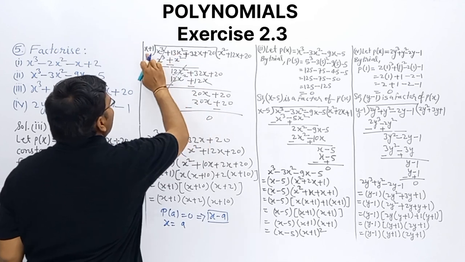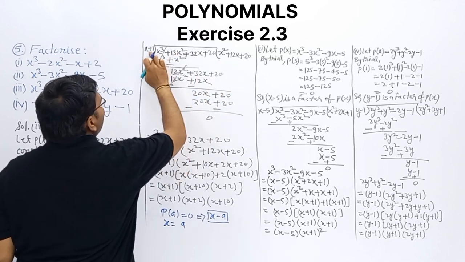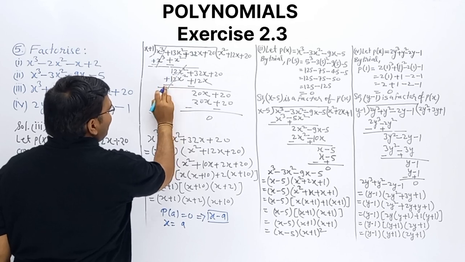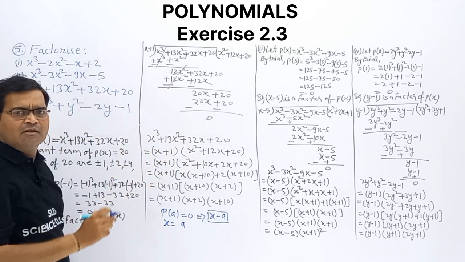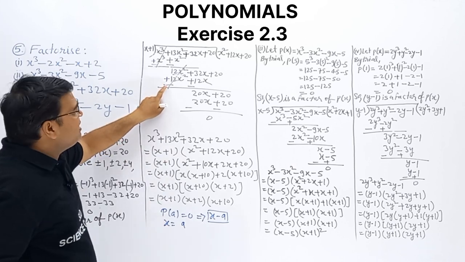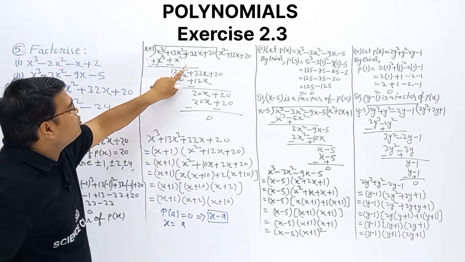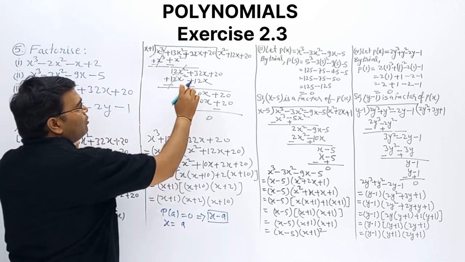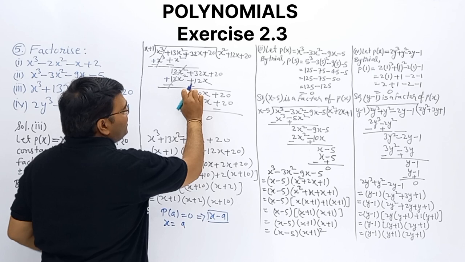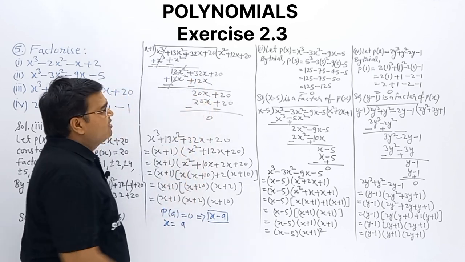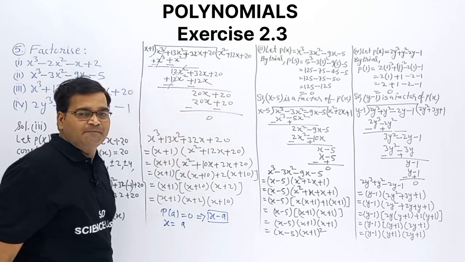So 12x into x will be 12x square, and 12x into 1 will be 12x. Now this is positive, its sign will be changed since we are subtracting. Subtracting means the sign will be changed. So 12x square minus 12x square will be cancelled, both. Now this is plus, we want to subtract: 32x minus 12x will be 20x. The remaining will be copied as it is.